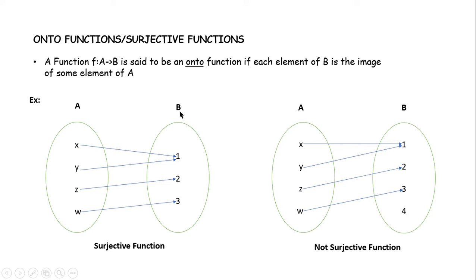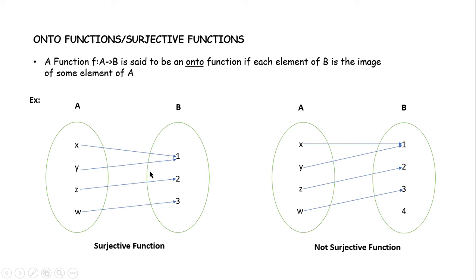So here you can clearly see that no element of set B has been left out. All the elements of set B were assigned to some or other element of set A. Like 1 here was assigned to x and y from set A. Then 2 here was assigned to z from set A, and 3 here was assigned to w from set A. Or in other words, 1 is the image of x and y, 2 is the image of z, and 3 is the image of w.